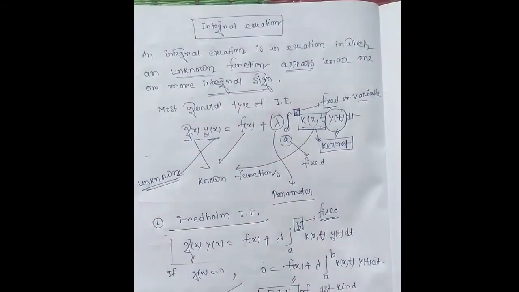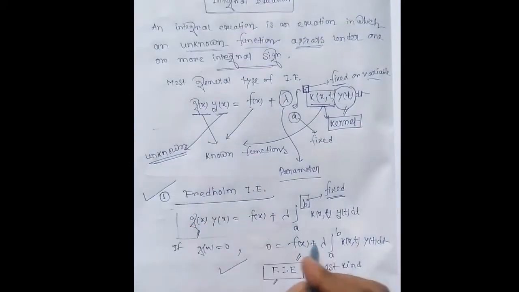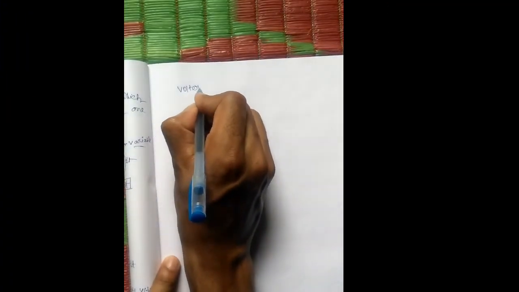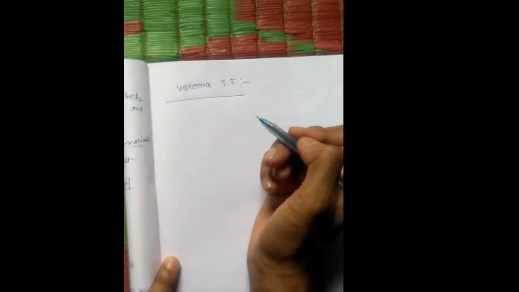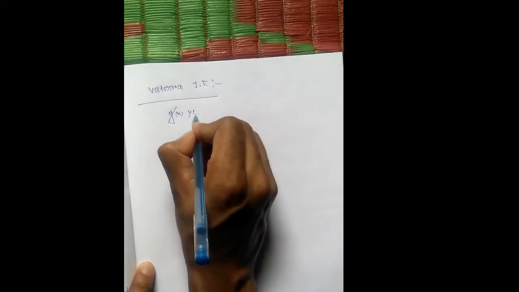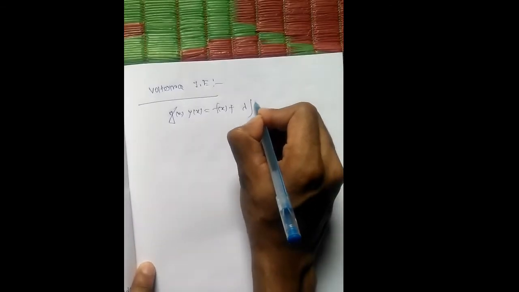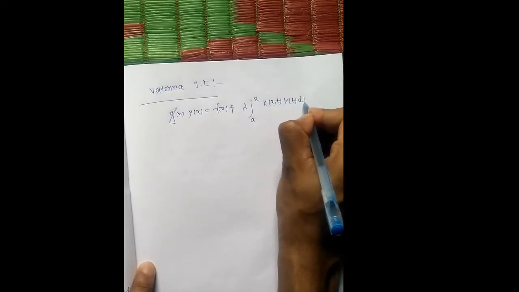Now there are two types of integral equations. First of all, Fredholm integral equations where the upper limit is fixed, and the second is the Volterra integral equation. Its most general form is g(x) y(x) equal to f(x) plus lambda integration over a to x K(x,t) y(t) dt.